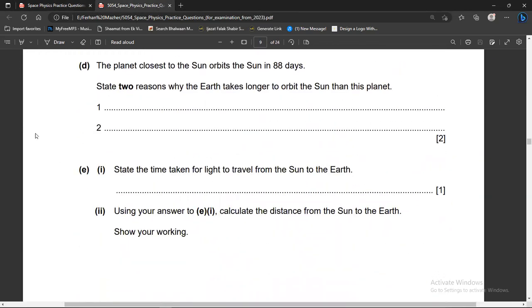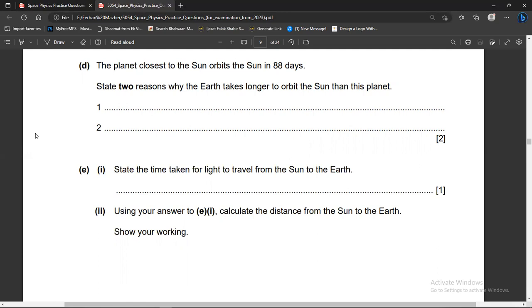Question 1D: the planet closest to the sun is Mercury, and he says it orbits the sun in 88 days. State two reasons why the Earth takes longer to orbit the sun than this planet. The Earth's orbit is larger than the orbit of Mercury, plus the orbital speed of the Earth is slower.